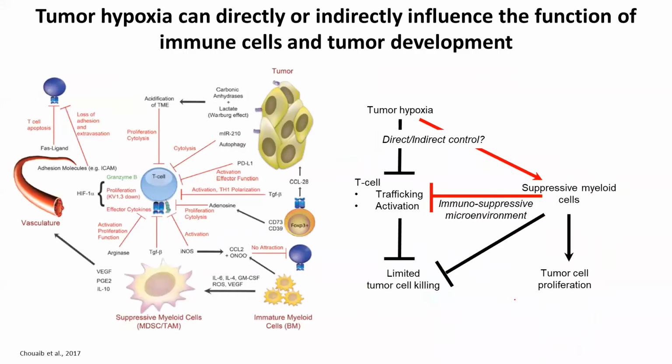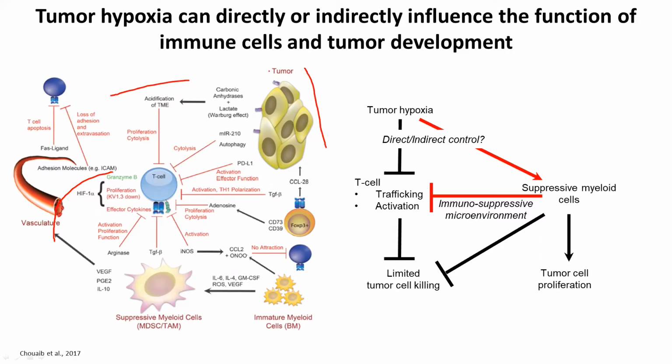Tumor hypoxia can also directly or indirectly influence the function of immune cells and tumor development. For example, tumor hypoxia can directly inhibit T-cell response by altering proliferation, activation of T cells, and production of cytokines such as granzyme B. Tumor hypoxia can also indirectly influence this response through interaction of T cells with tumor cells, for example, in the tumor microenvironment.